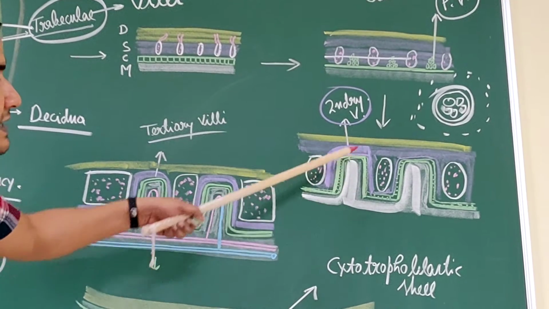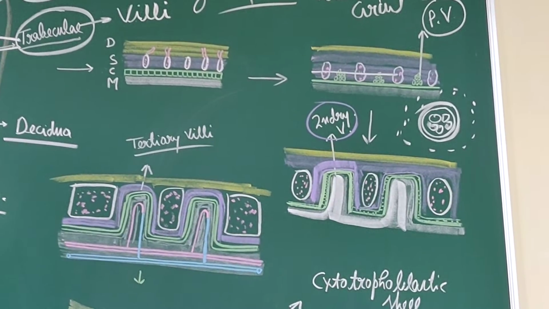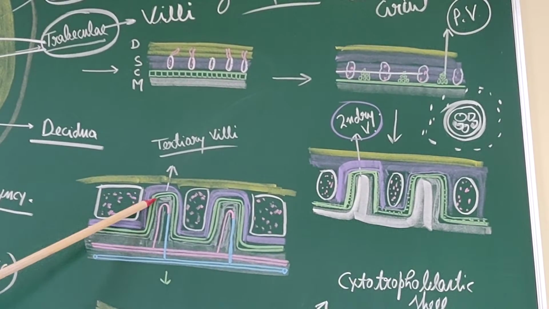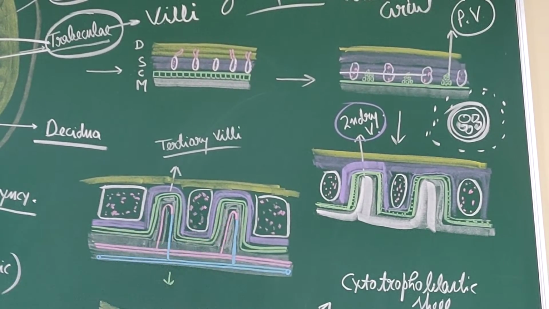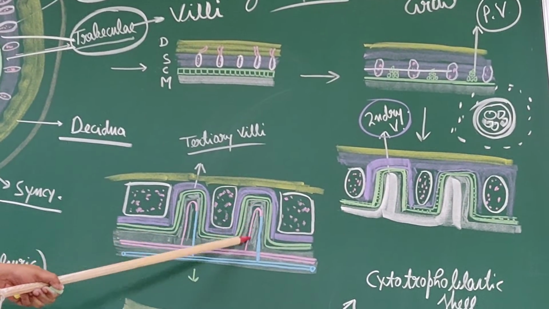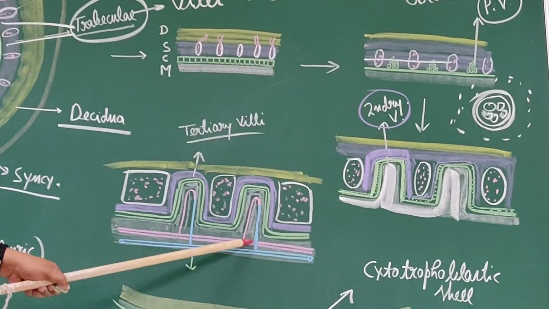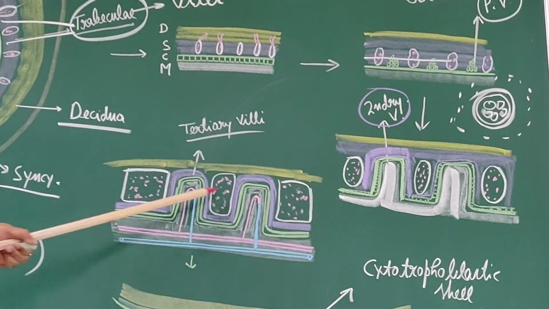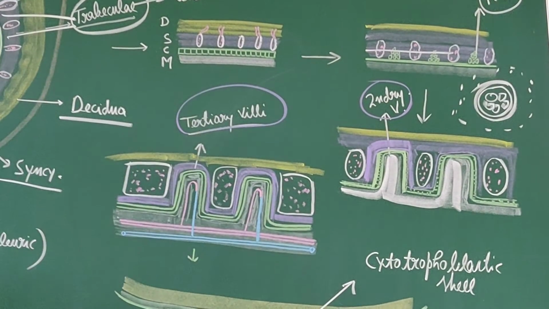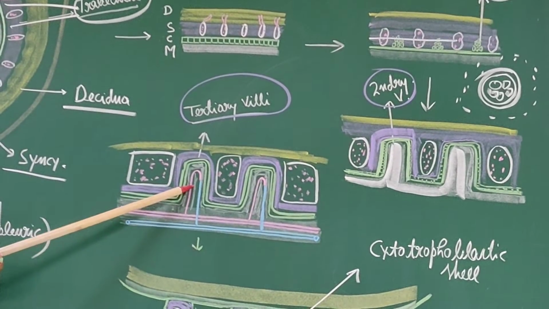From outside to inside, it is the syncytio, then cytotrophoblast, and then extra embryonic mesoderm. Now with further development, at the tertiary villi stage, we see a formation of capillaries in the mesoderm, and these capillaries communicate with the capillary vessels of the embryo. Now these villi are vascularized, and this is the tertiary villi. So this is the primary, this is the secondary, and this is the tertiary villi.